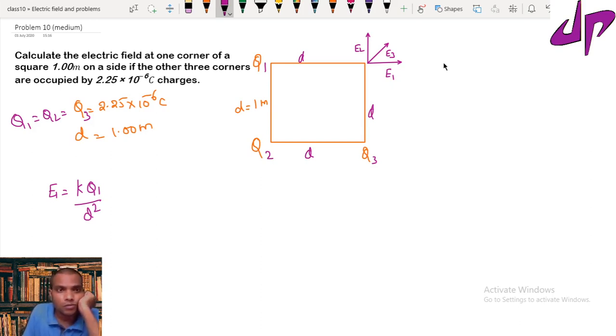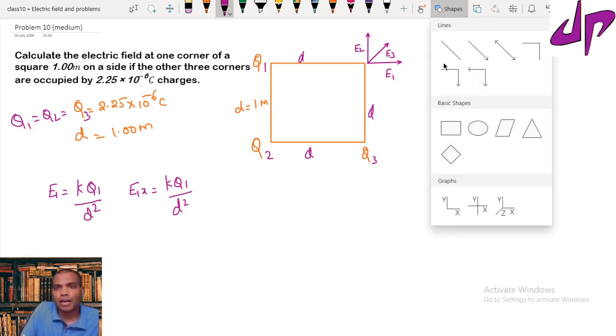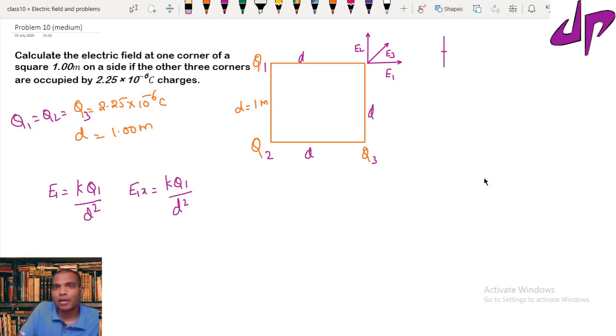Now, since electric field is a vector, this is along the x-axis. So the component along the x-axis is E1x equal to KQ1 by d square. Since this is along the x-axis, if you draw the axes here you can understand better.